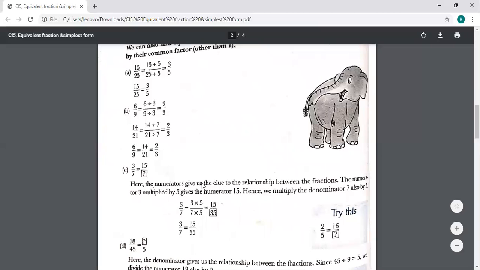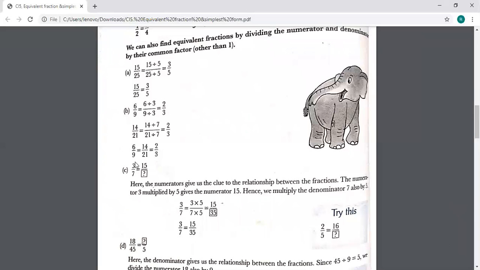Here, the numerator gives us the clue to the relationship between the fractions. What does that mean? Both numerators are given. So from here we get the clue. And how do we get the clue? From 3, how do we get 15? 15 is greater, so we have to multiply 3 by some number.